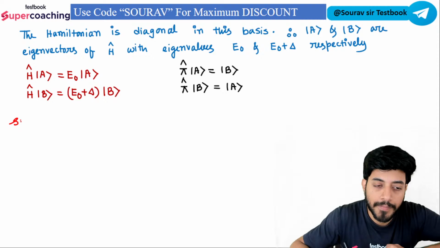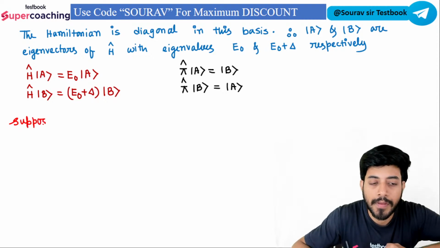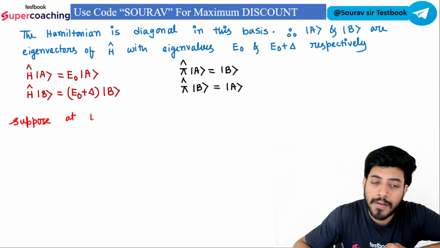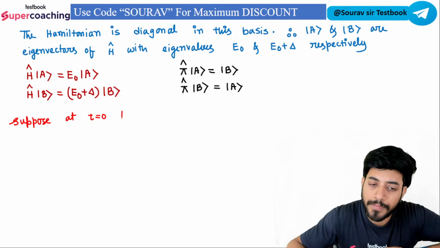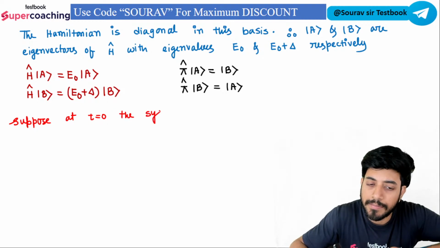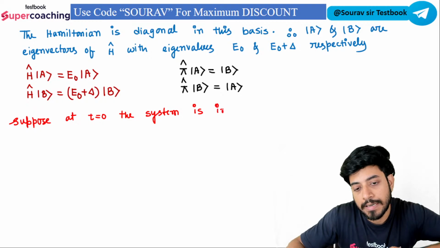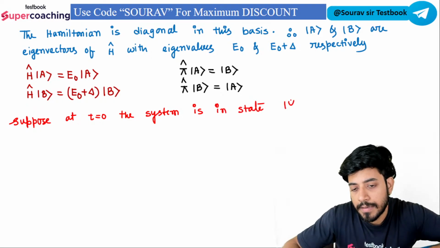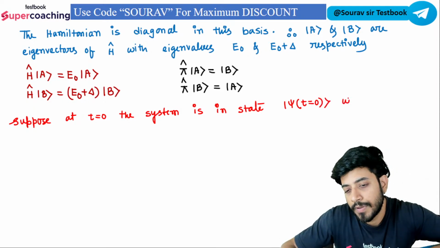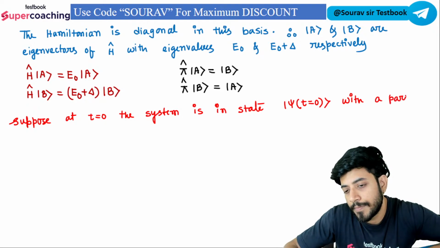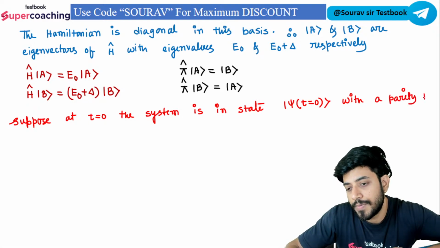Suppose at t equal to 0, the system is in state psi at t equal to 0 with a parity plus 1.